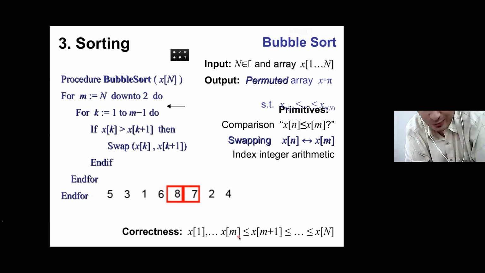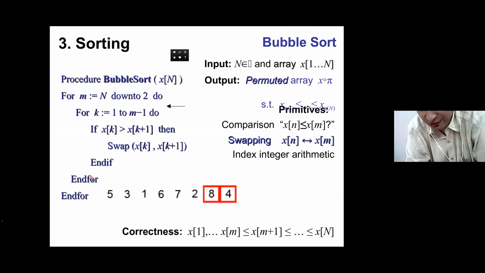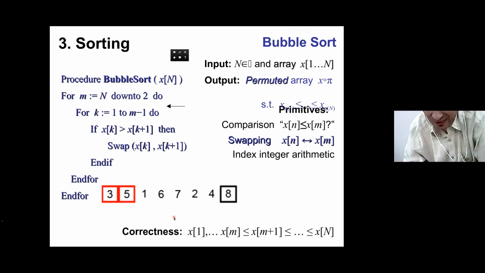When you finish the loop for a given value of m, xm is less than xm plus 1, etc., until xn, and the first m minus 1 are in some order which you do not know. But if you go down to m is equal to 2, then these less than or equal relations are established all over. So in the end, you have a sorted array. So it is not difficult to see that this algorithm is correct.